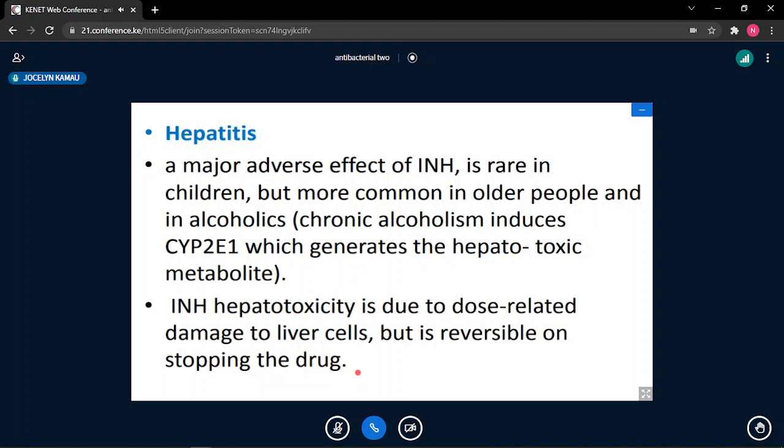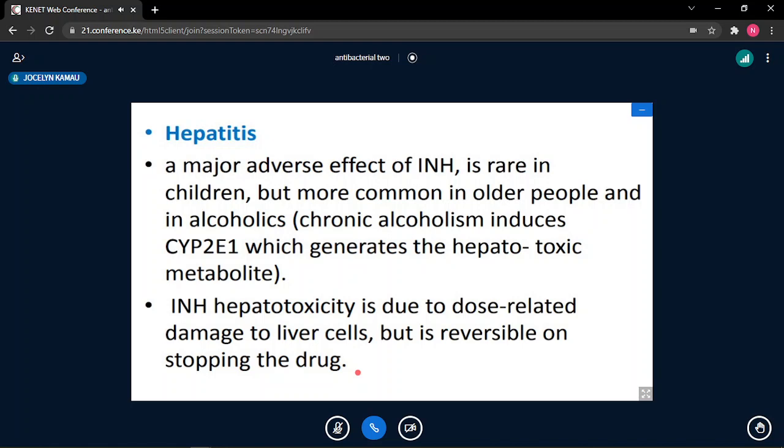But as you continue using the glutathione to detoxify this reactive metabolite, if you are not making enough of that glutathione, then you can cause depletion of the glutathione. If you're not eating well, you can also cause depletion of the glutathione and therefore have the hepatotoxicity or hepatitis. And that is why these patients are also advised to eat well.